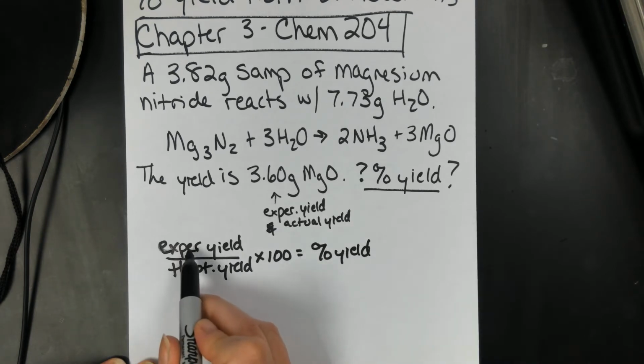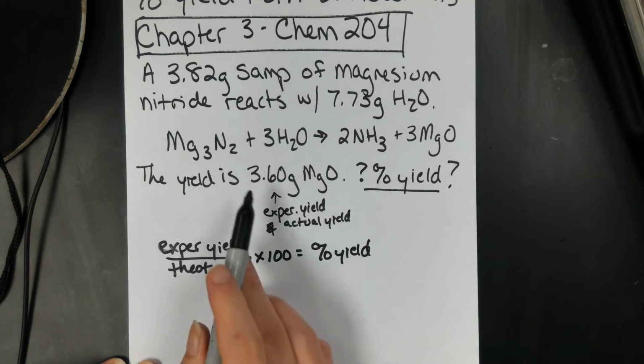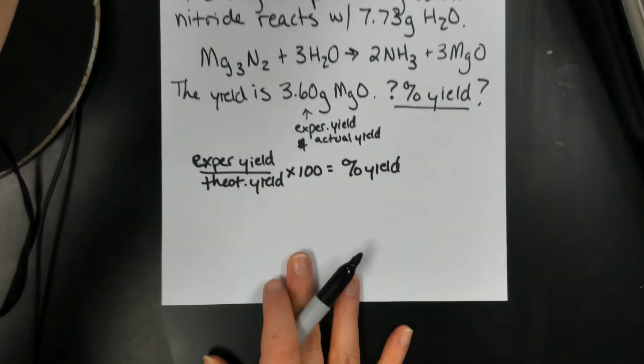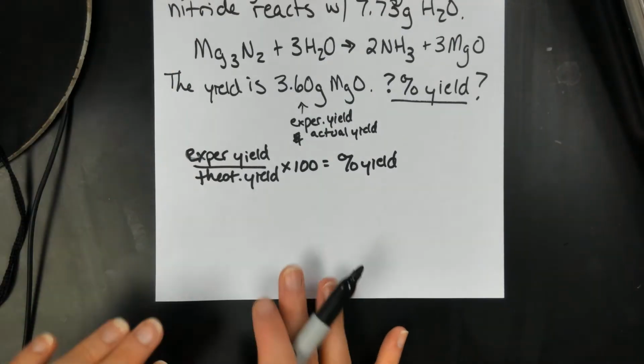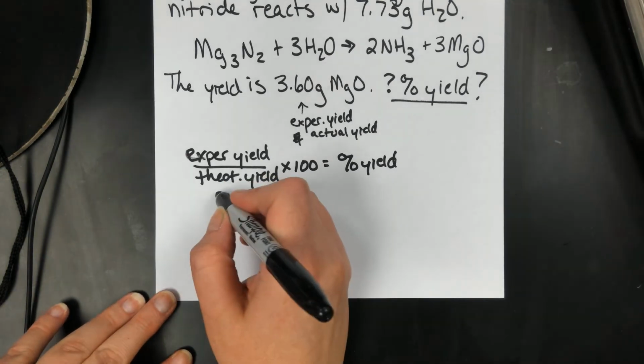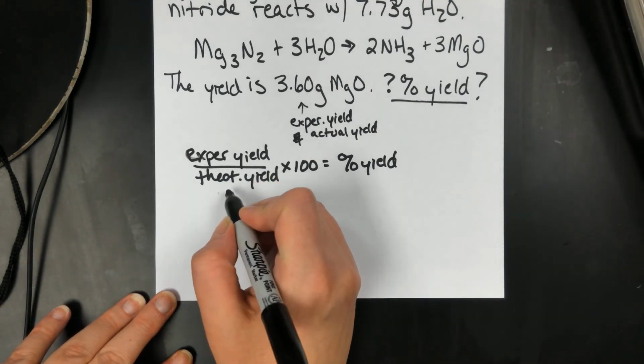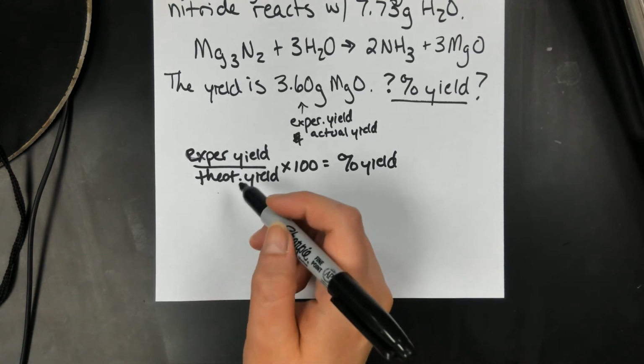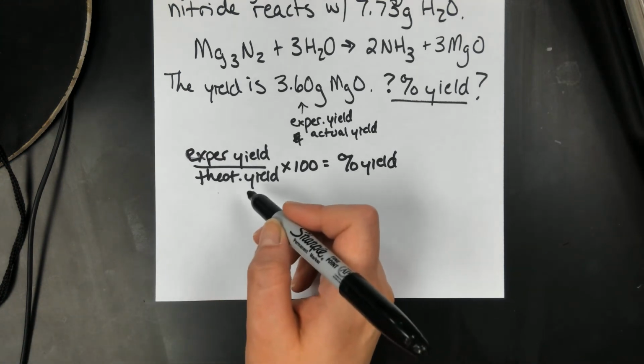We already have our experimental yield. That's what's given up here, 3.60. What we need to do is find the theoretical yield, and then you say, okay, Carla, that's one step. No, it's actually several. You're going to have to identify the limiting reactant and what's in excess. Oh my gosh, that's a lot. But once you learn how to do these problems, they become basically second nature.